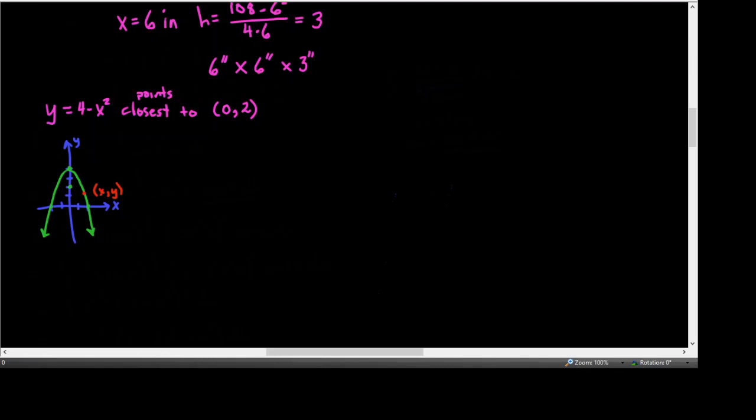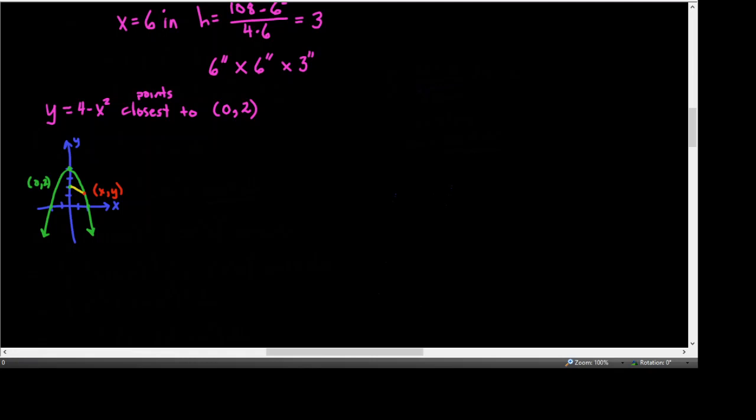And for it to be close, think about what we're going to have to measure to determine closeness. What do you think that would be? Well, I was thinking it would be the distance between those two points.